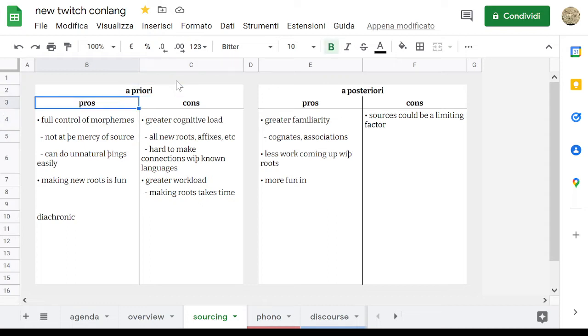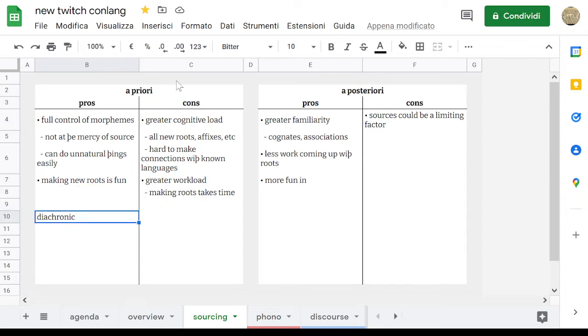So you spring out the roots and the structures, and then you put it through naturalistic processes that real languages undergo when changing words and meanings, in order to make a language that feels natural.